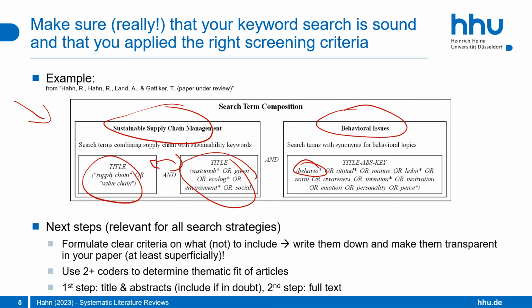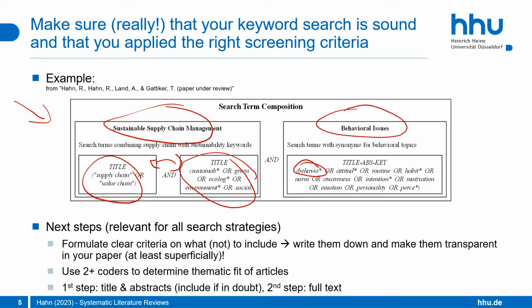The reason I'm doing this first is that it's much easier than reading the full text. If you have a few thousand hits in your keyword search, and that regularly happens to me, you have to look through 1,000, 2,000, 3,000 papers, and you cannot read the full papers. It's usually enough to read the title and abstracts first, and then if you're in doubt, include it at that point in time.